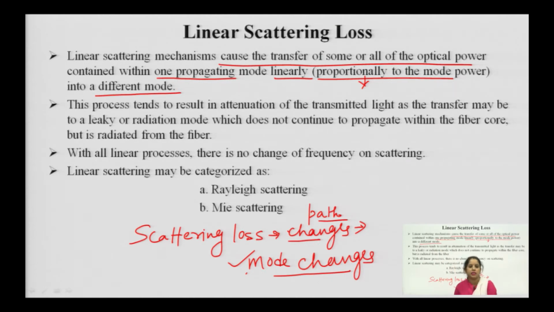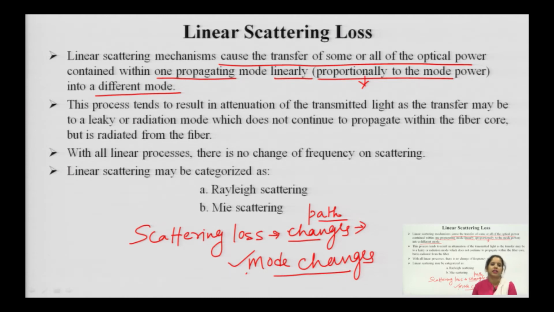That means in this mechanism, energy or power gets transferred from one mode to a different mode linearly. Whenever a system is linear, it has to be proportional to the input parameter.